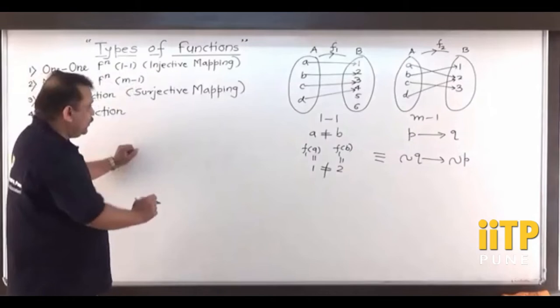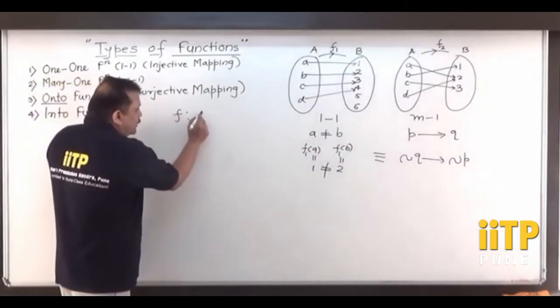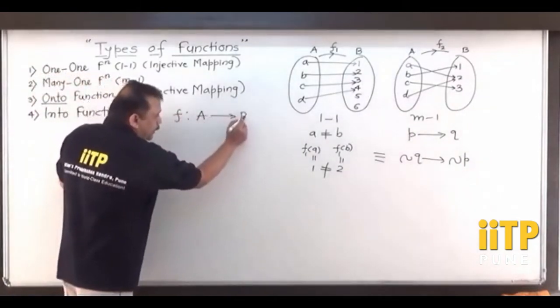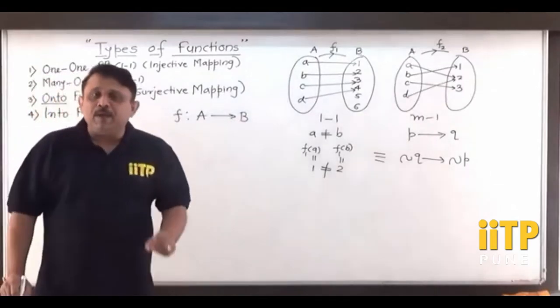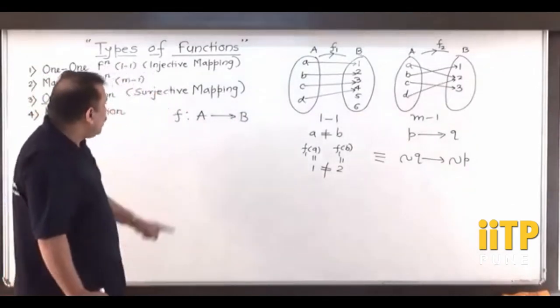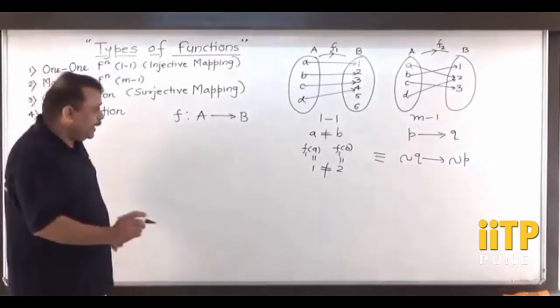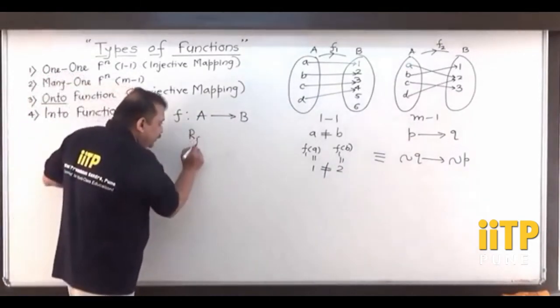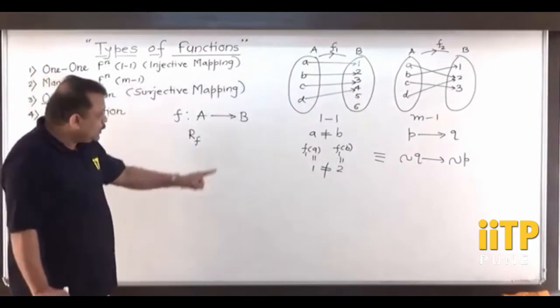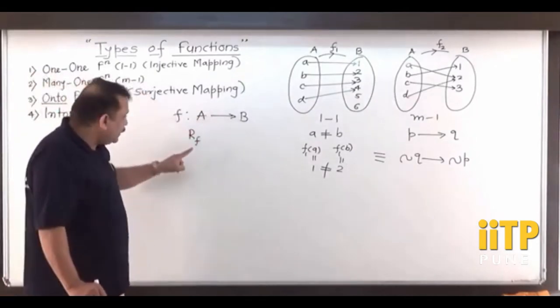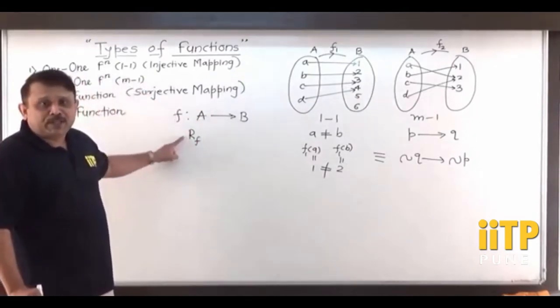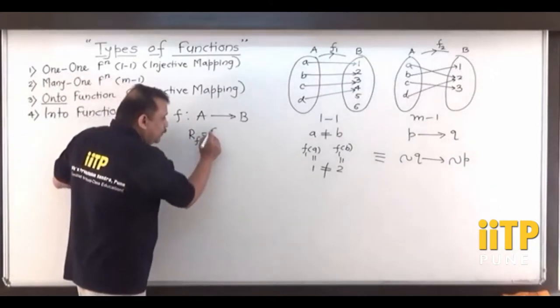A function f from the set A to the set B is said to be an onto function or surjective mapping. You need to find the range of the function. This is the codomain of the function and this is the range of the function. Let us recall what the range of the function is.